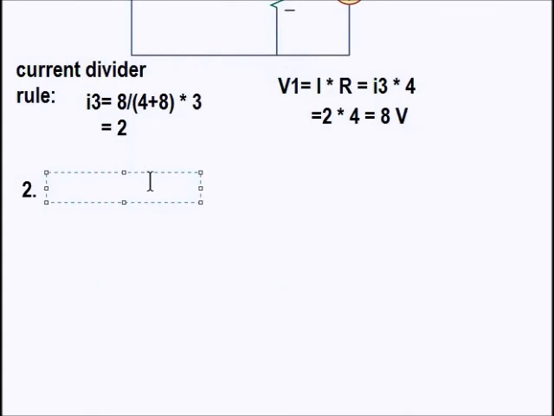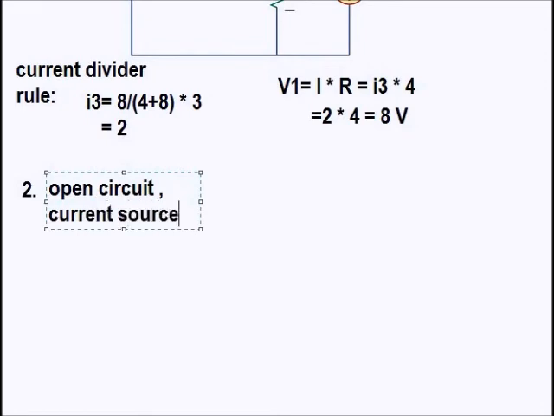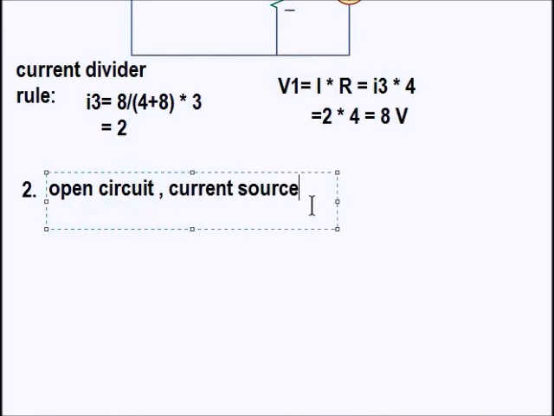Step 2 is to calculate the other independent source, which is the current source. We need to make the current source an open circuit.